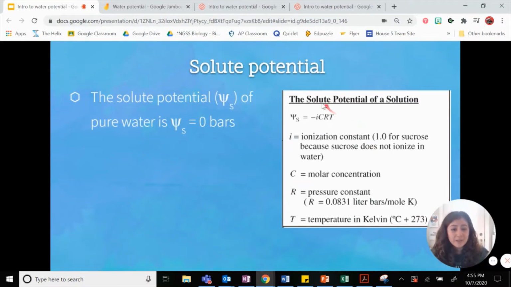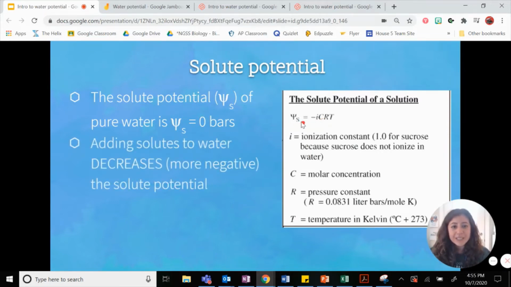So we can tell by looking at this formula, this is why the solute potential of pure water is 0 bars. Because what's the concentration of solutes in pure water? Well, it's 0. There are no solutes, right? It's just water. So if we plugged 0 into this formula, we would get 0. Makes sense, right? Looking at this, we can also understand that as we add more solutes to a solution, the solute potential is going to get more negative.